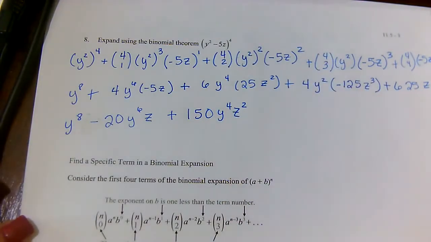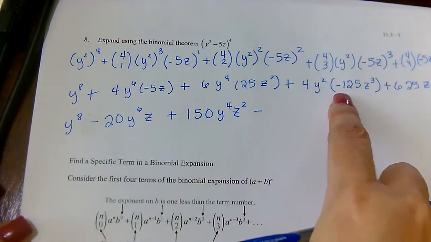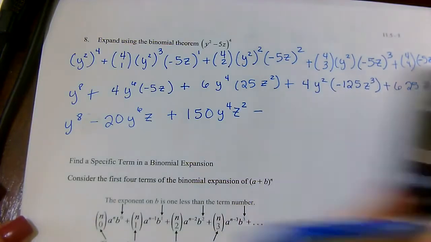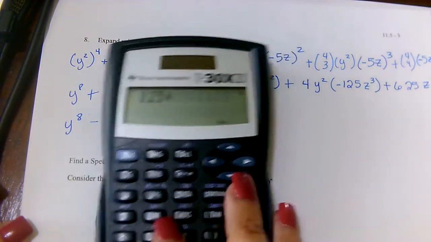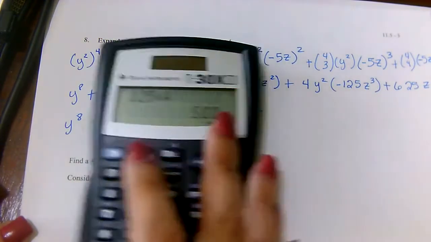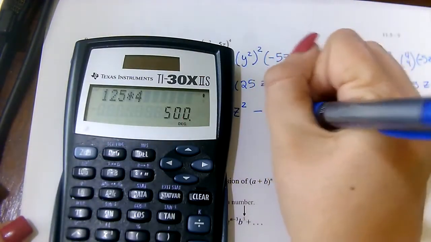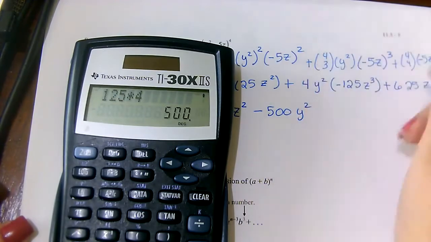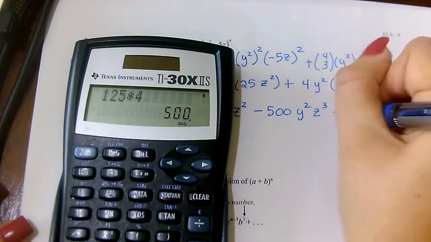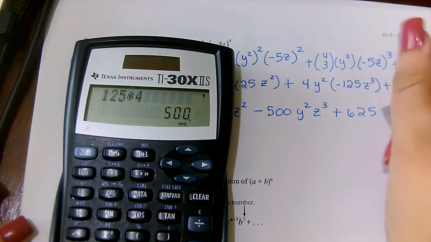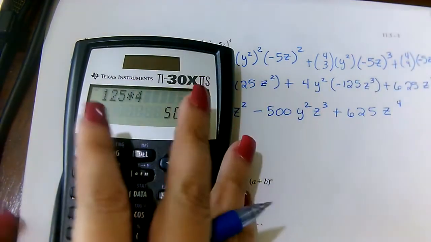Okay, let's keep going. We have a minus, so 125 times 4 is going to be 500. So minus 500 y squared z cubed. Okay, plus 625 z to the 4th.